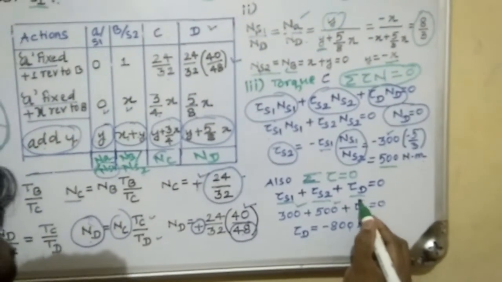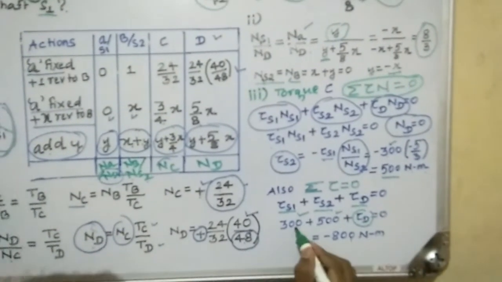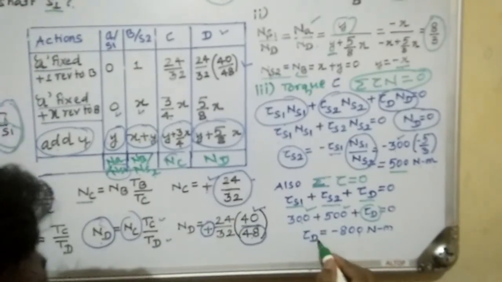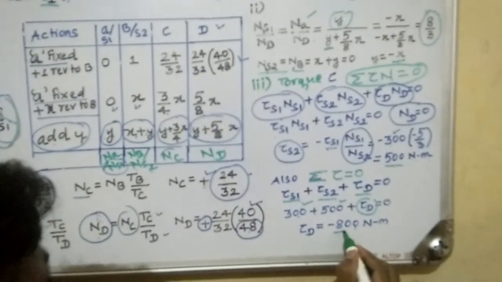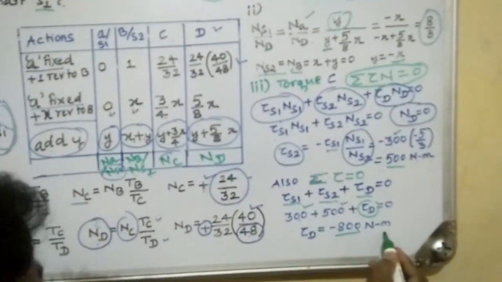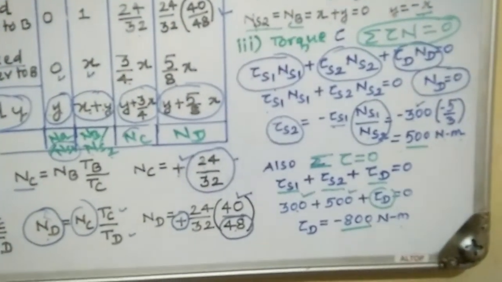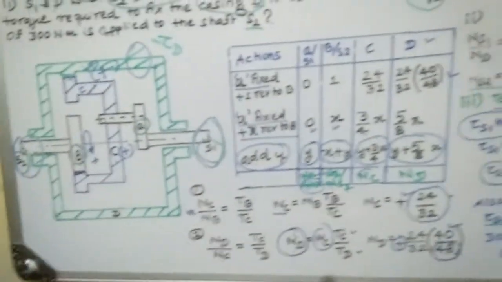You have to calculate tau D. The sum is 800, and if you take it to the right-hand side, the torque comes as minus 800 Newton meter. Okay, this is the thing. I'll stop here only.